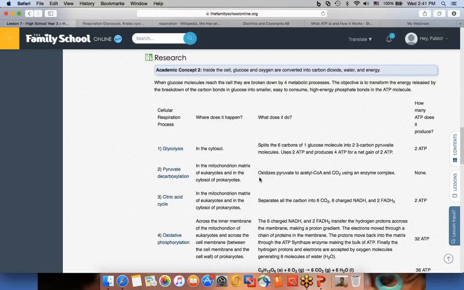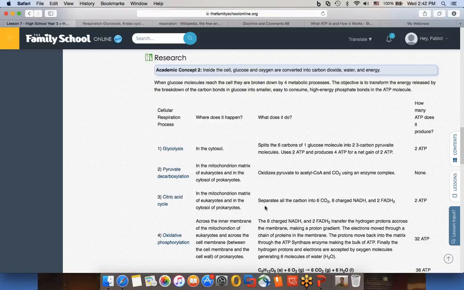The prokaryotes are the size of a mitochondria. So it could even fit a mitochondria in it. That's right. They don't have anywhere else to go. That is a good observation.